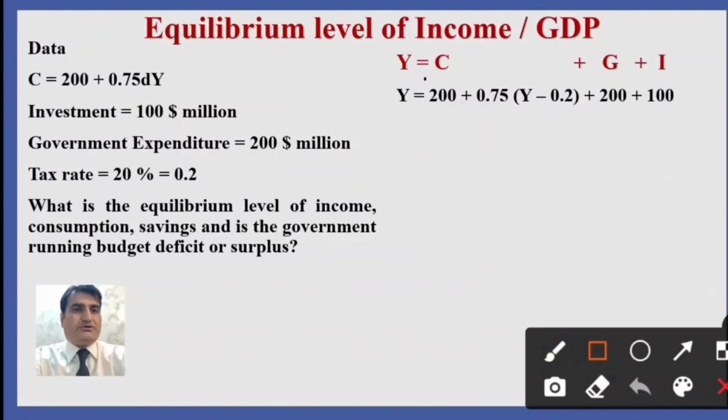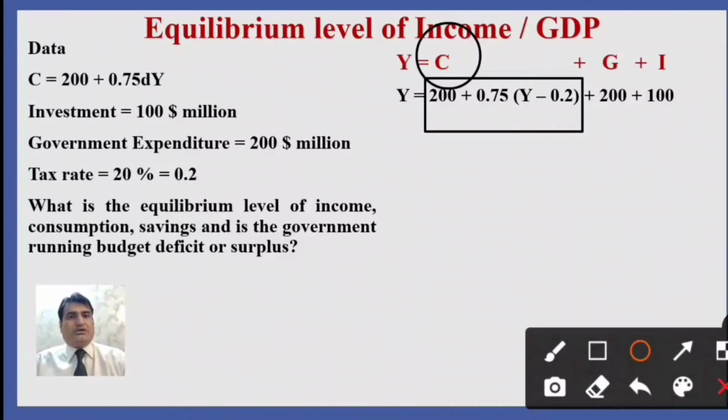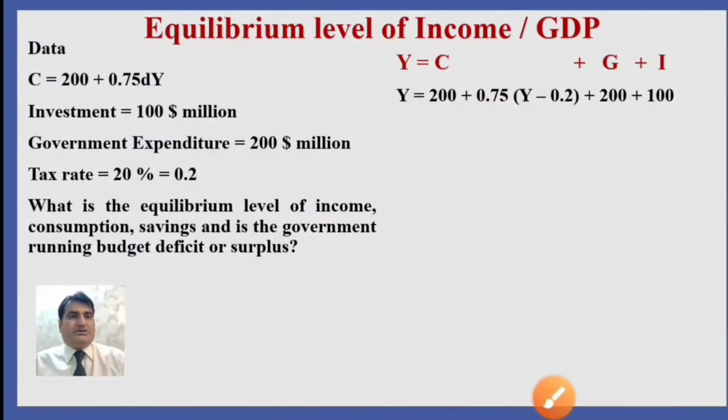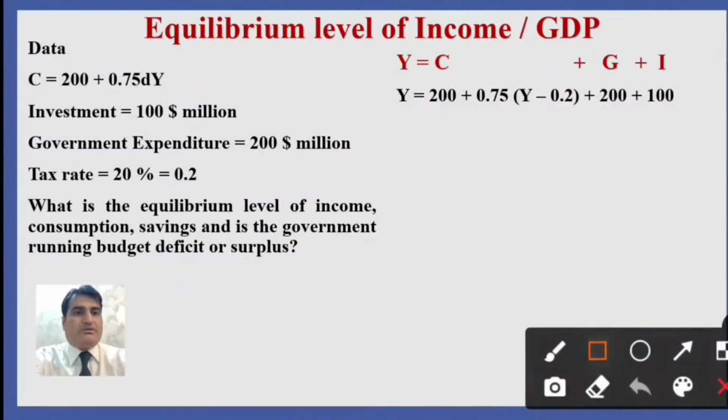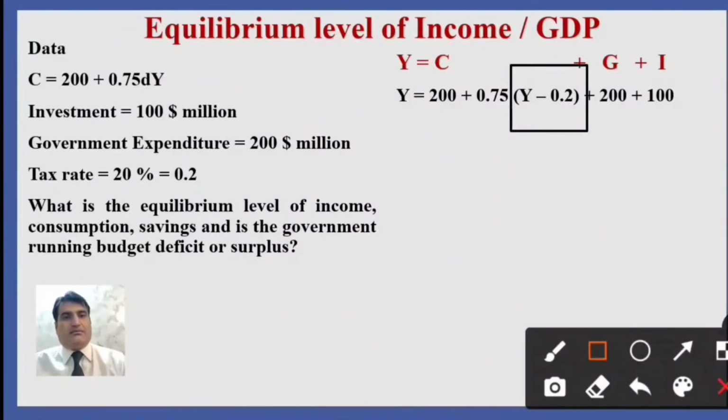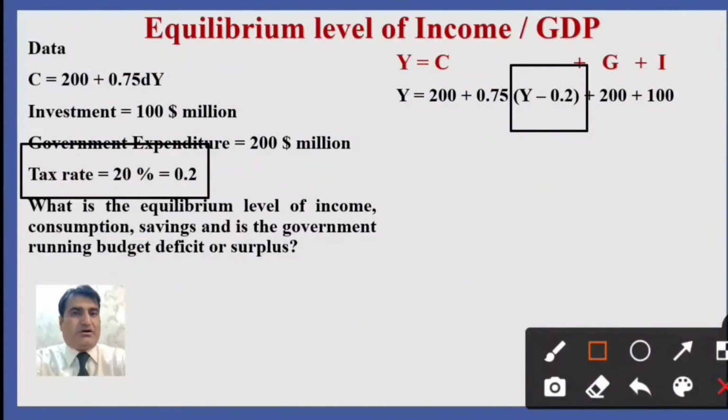Here we substitute the consumption function for C. Instead of C, now we are using the given consumption function, 200 plus 0.75Yd. So consumption is equal to 200 plus 0.75 times (Y minus 0.2Y), because the income is Y and 0.2 is the tax rate which the government charges.